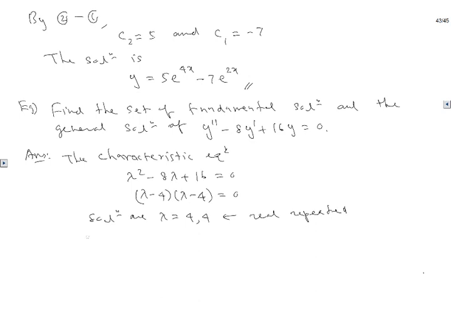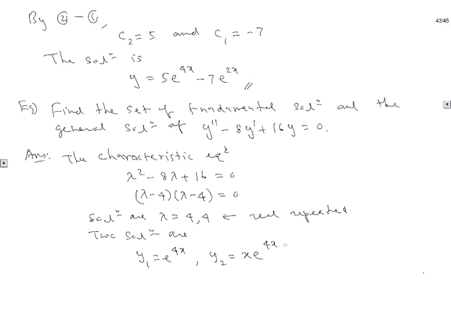The two solutions are y1 equals e^(4x) and y2 equals x e^(4x). To see whether this forms a fundamental set of solutions, we need to check whether they are linearly independent.